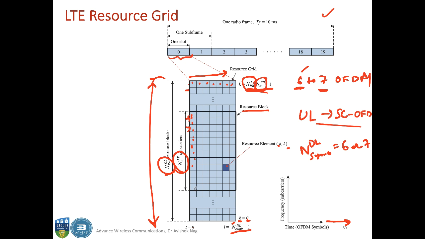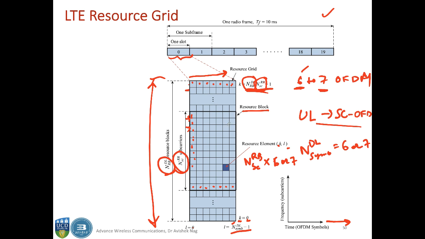Okay, and between 6 to 7 symbols. So therefore each resource block will have NSCRB times this 6 or 7.